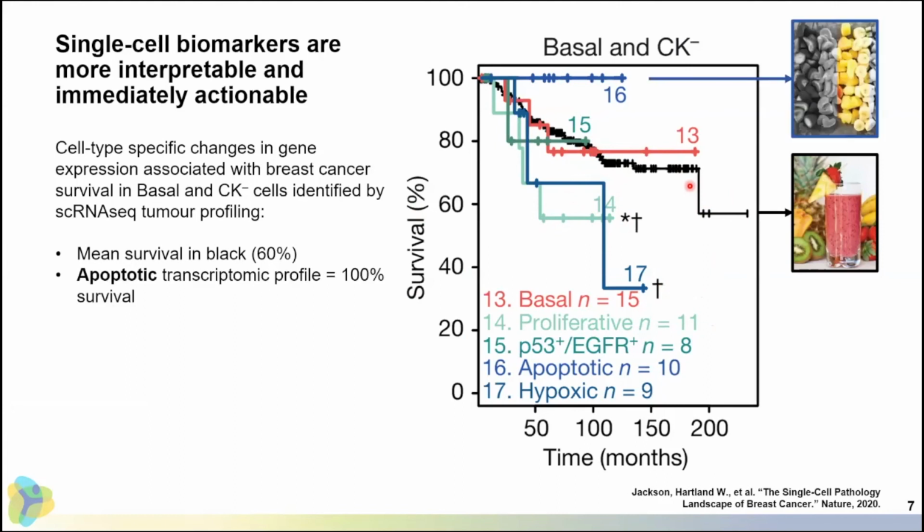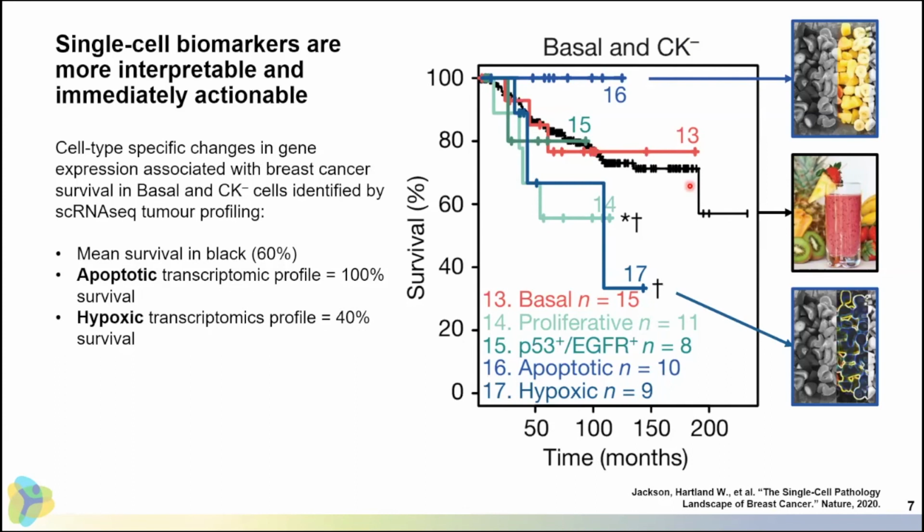And what these researchers were able to show was that by qualifying the expression profiles in a particular cell population, the basal CK- cells, they were able to identify two different subgroups of the patient population. One subgroup had basal CK- cells that had this apoptotic phenotype, and they had 100% survival in the study. And that's being shown here with the nice, very fresh looking yellow fruit on the right.